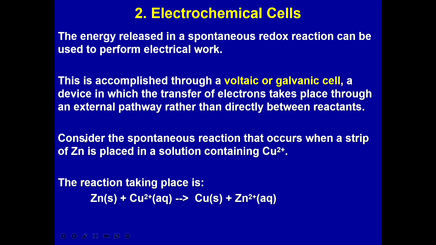So, for example, consider a spontaneous reaction that occurs when a strip of zinc is placed in a solution containing copper ion. The reaction will take place like this: the zinc bar will react with copper ion to form copper solid and zinc ion.